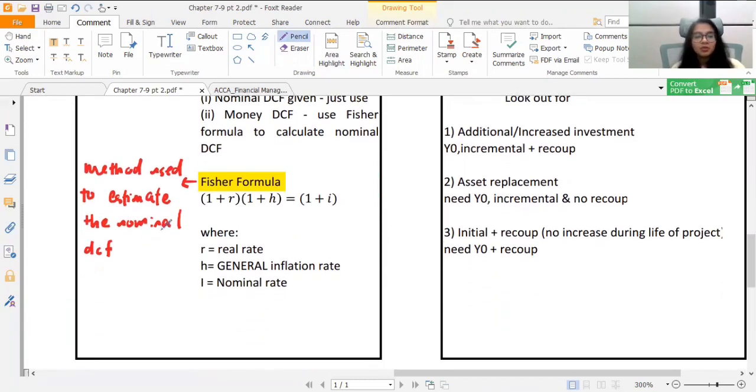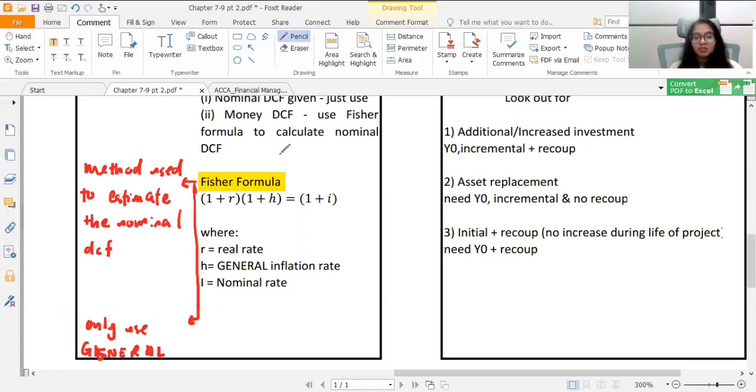Besides that, when you use the Fisher formula, point number 2 that you really need to note and pay attention to is that you can only use general inflation rate. Please do not use any other inflation rate as you like, okay? Because if you use an inflation rate that is wrong, your discount factor, the nominal discount factor, will be wrong. So please be aware and please be careful of that.